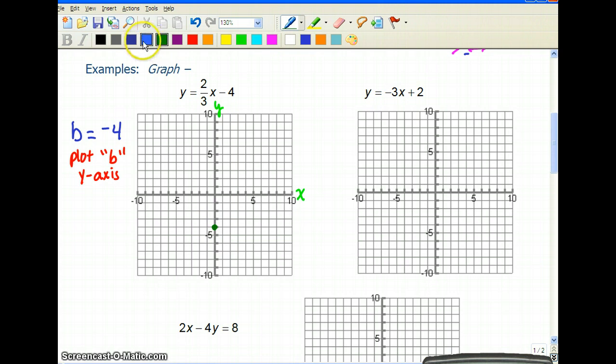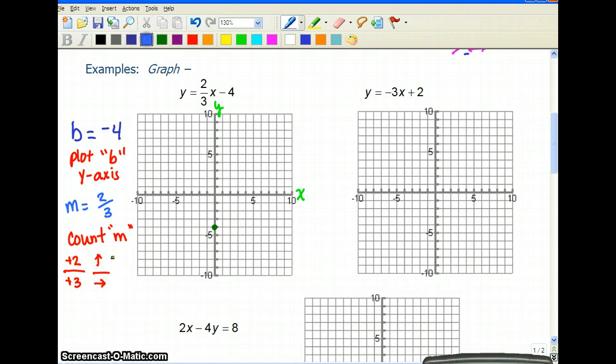The second step was using the slope. Our m in this problem is 2/3. So our directions above say to count m. If it's +2 over +3, this would be up and this would be to the right.